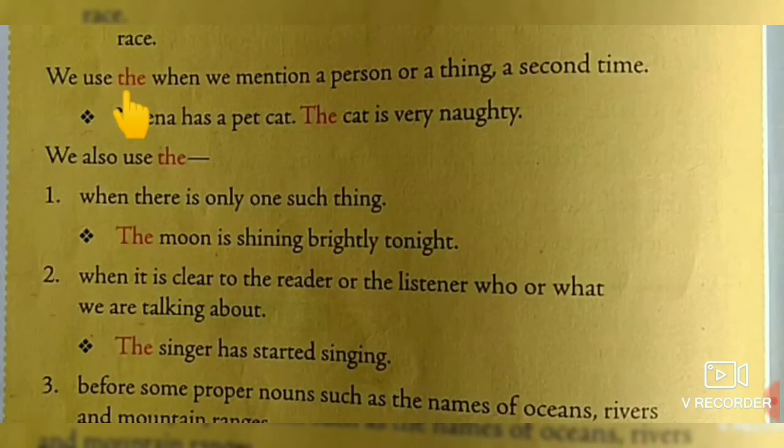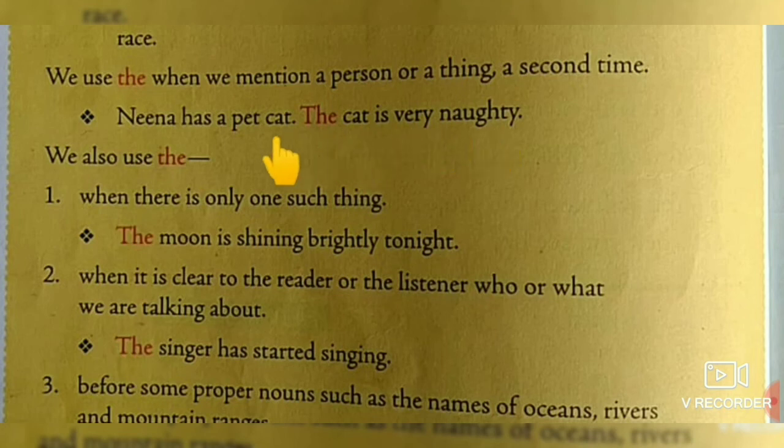Next one, the article. We use the when we mention a person or a thing a second time. Okay, children, we can use it for the second time a person or thing's name is mentioned. At that moment, we can use the article. For example, Nina has a pet cat. In the second sentence, the cat is very naughty.